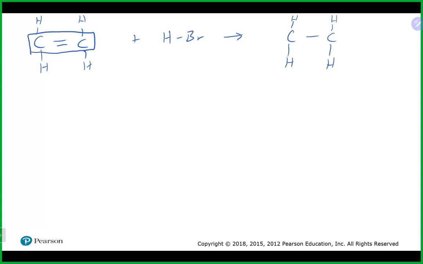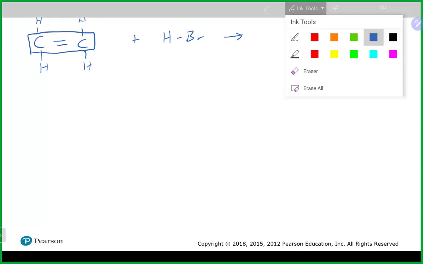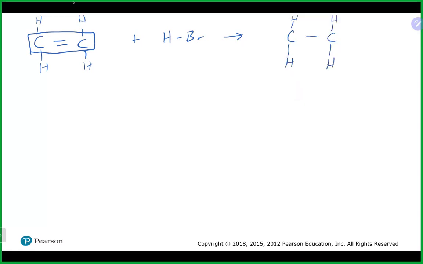And now in this case, when we look at our original double bonded carbons, is there any difference in the hydrogens on each of those carbons? The one on the right has 2, the one on the left has 2. So in this case, there is no difference, so you can put it wherever you want. If you want to put the hydrogen here, you can, and you can put the bromine there, or you can flip it. It doesn't matter. You can put the bromine on the left and the hydrogen on the right.